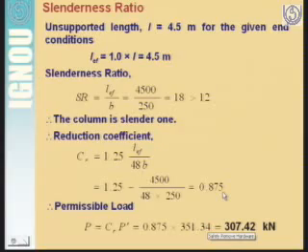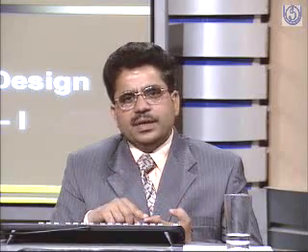So from here we learned that we can calculate the permissible load for a slender column by first calculating the permissible load for the short column, and then calculating the slenderness of the column.